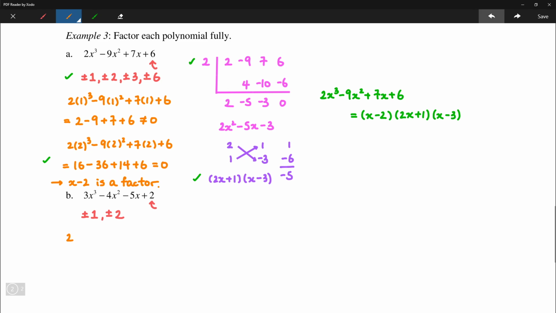So, sorry about that. 3 times negative 1 cubed minus 4 times negative 1 squared minus 5 times negative 1 plus 2. Let's see what we have here. This will be equal to negative 3 minus 4 plus 5 plus 2, which of course is equal to 0. So that means x plus 1 is a factor.